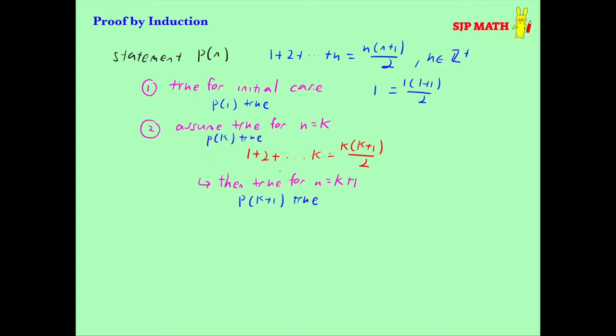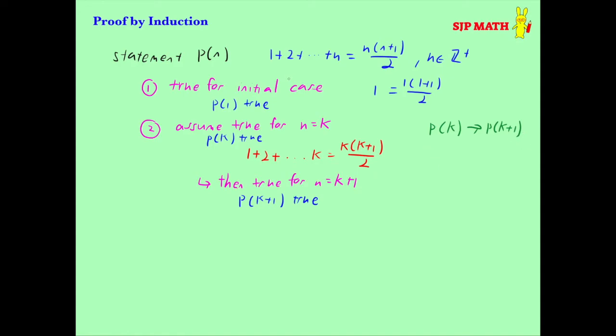What this shows is that if P of k is true, then this directly implies the next step, P of k plus 1, is true. So every time a step is true, the next step is certainly true. It's kind of like a domino, as other teachers say. If the first domino falls, then the next domino falls.